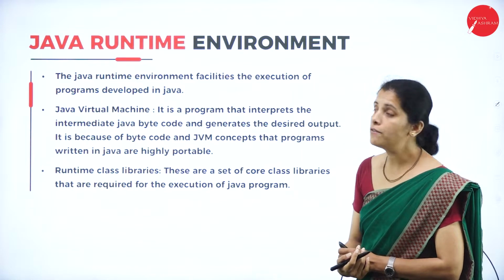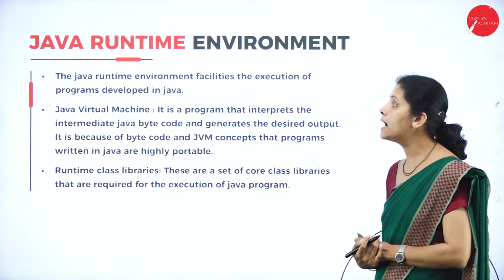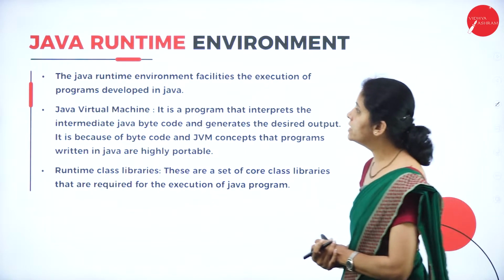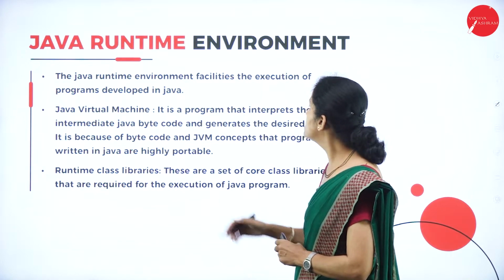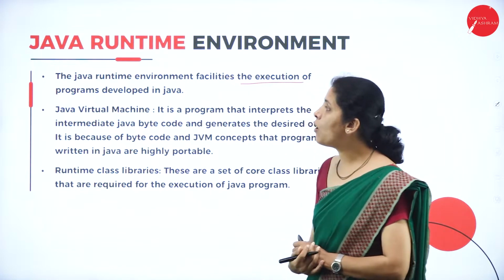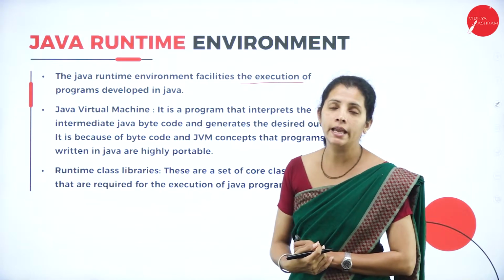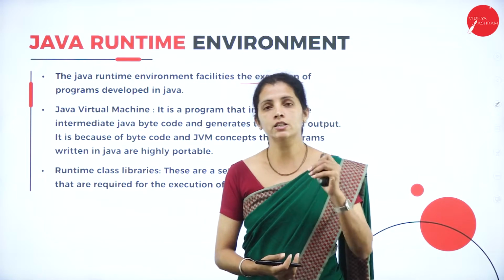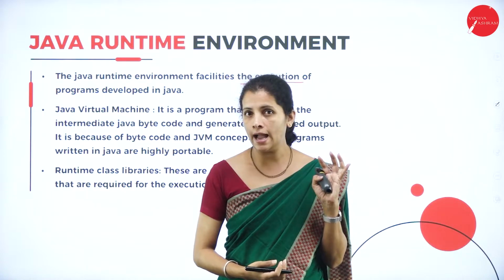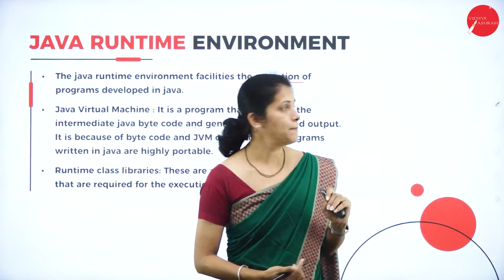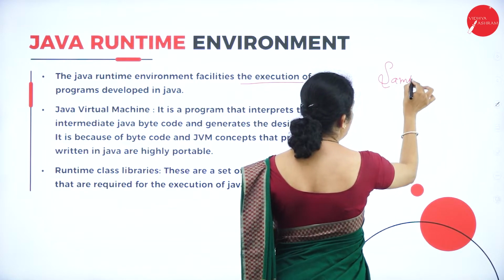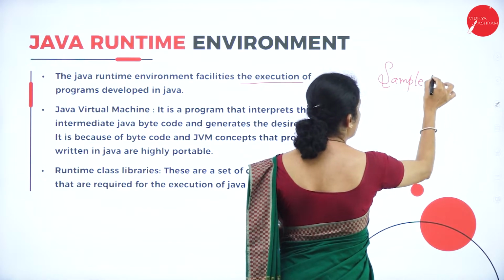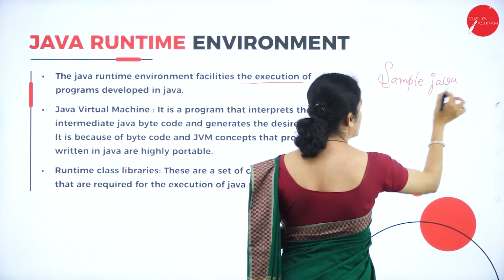Now I have the Java Runtime Environment. So here the Java Runtime Environment facilitates the execution of programs developed in Java. So dear student, just think that I have written a sample Java program.